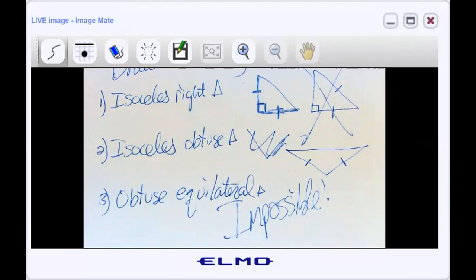What are they doing? Okay, classifying triangles. Let me share the screen real quick.